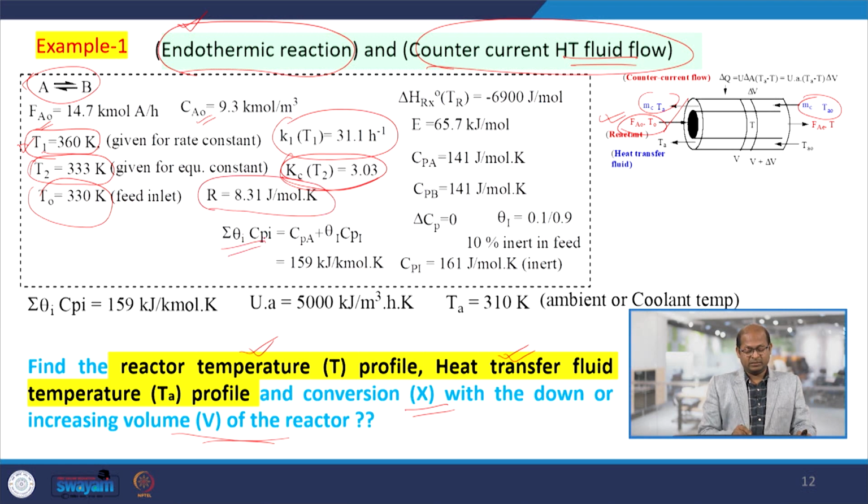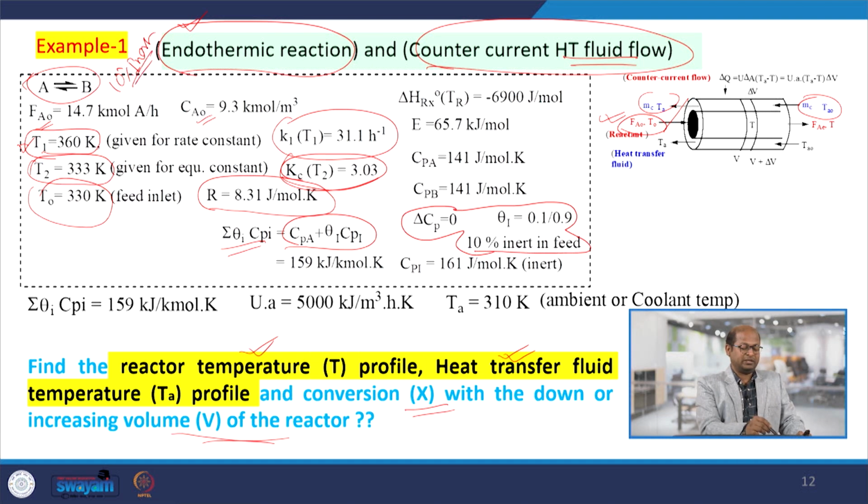Sigma theta_i Cp_i equals this if there is some inert component. So, let us say in this particular reaction 10% inert is also there, if it is a gas phase reaction 10% nitrogen is there with A. That would come in the mole fractions, or theta_i. So, we can find that out: 10% inert and the rest 90% is component A.